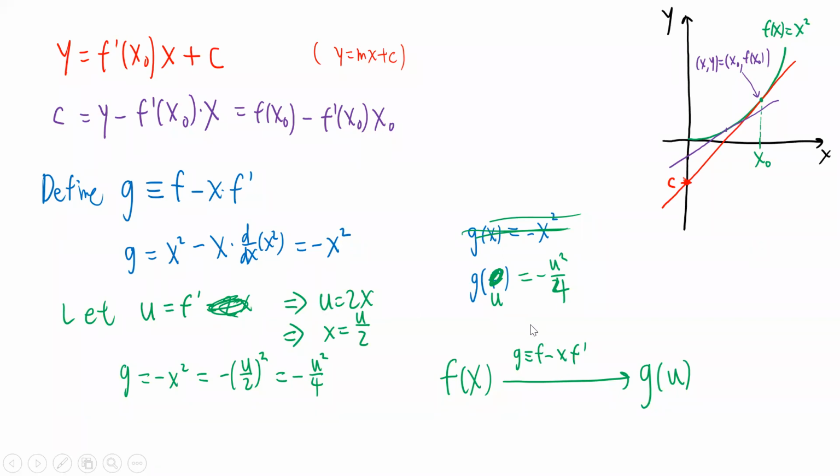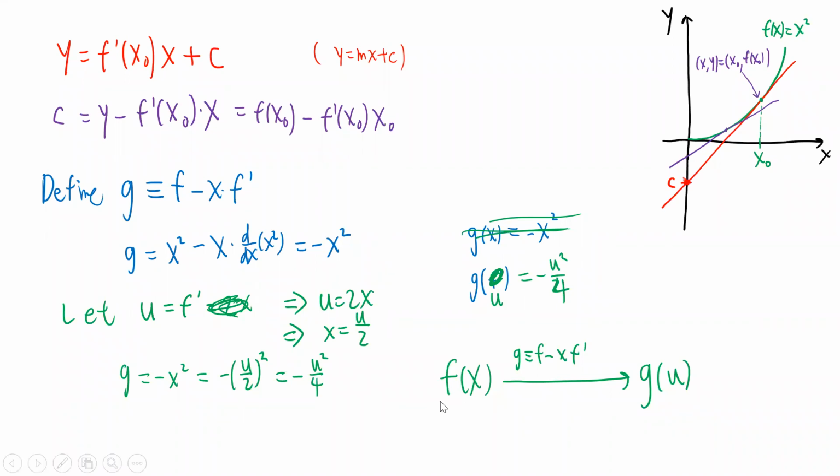So I tell you that slope, and then the g function will tell me the y-intercept of that tangent. So that's what g is giving me. So that is g. You can treat g as an alternative representation of f itself.